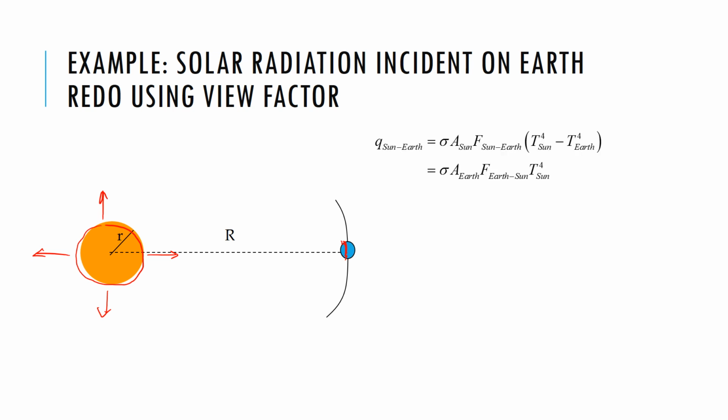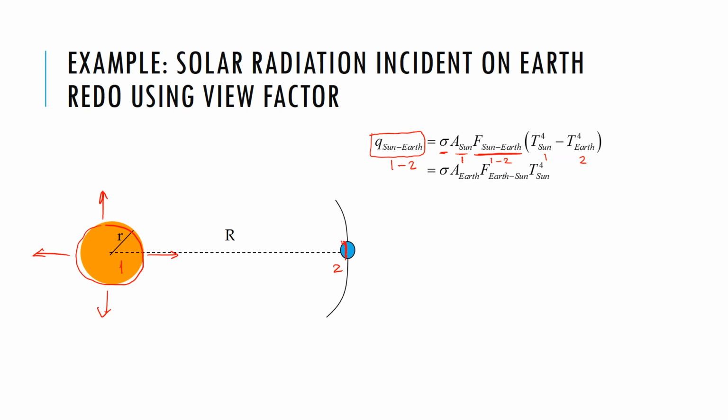So we write the energy balance equation that we just derived. Q sun to earth, you can think of this as 1 and this as 2, so Q1 to 2 is equal to sigma A1, that is A sun, F sun to earth, that's F12, times T sun to the 4 minus T earth to the 4.